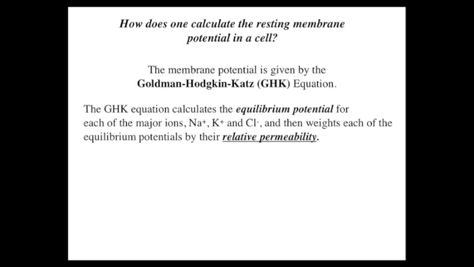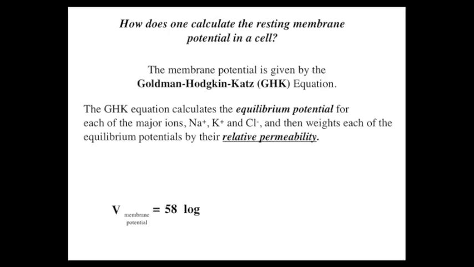The GHK equation calculates the equilibrium potential for each of the major ions, sodium, potassium, and chloride, and then weights each of the equilibrium potentials by their relative permeability.